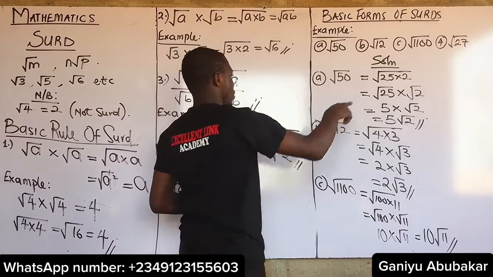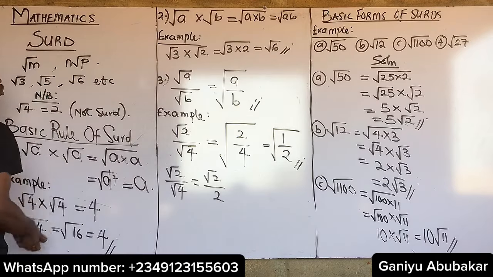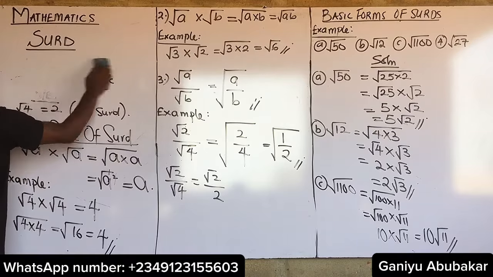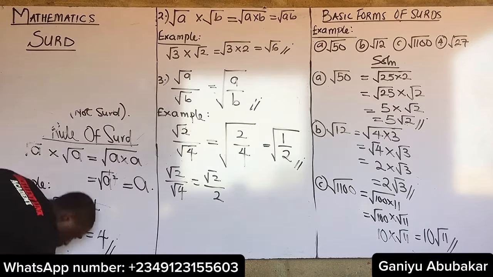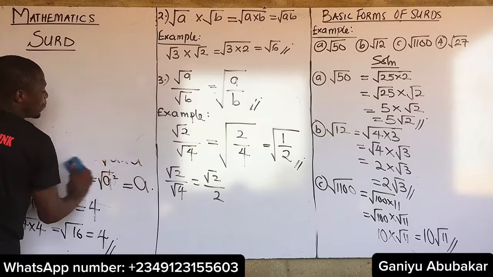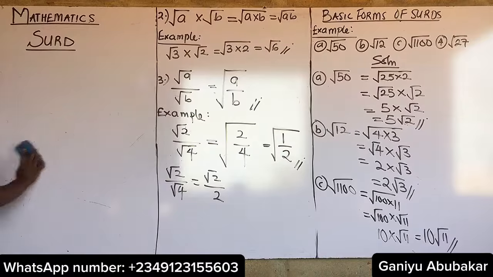All right, for number 4, let's take root 27 to its basic form. Let's take root 27 back to its basic form. What do we get?